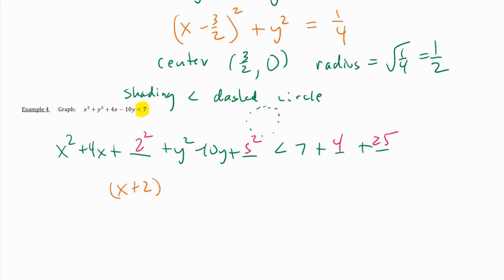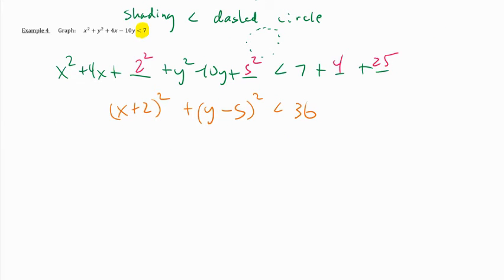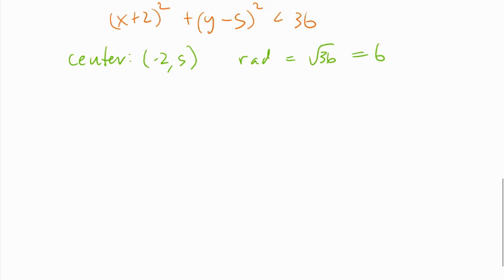X plus 2 squared plus y minus 5 squared is less than 36, which means the center is going to be negative 2, 5, and my radius is going to equal the square root of 36, which is 6.